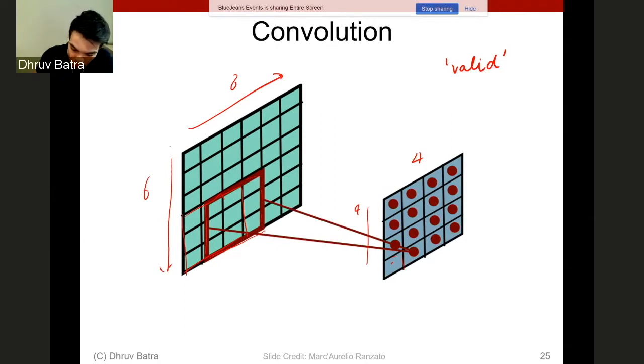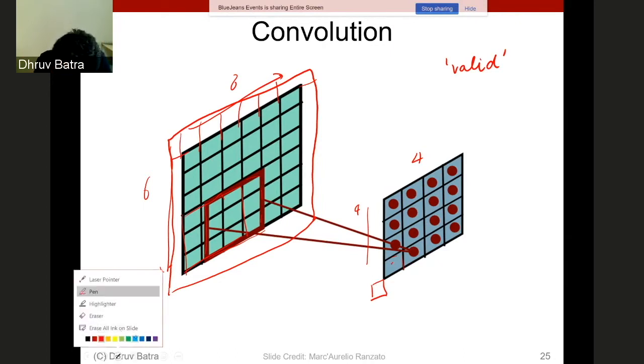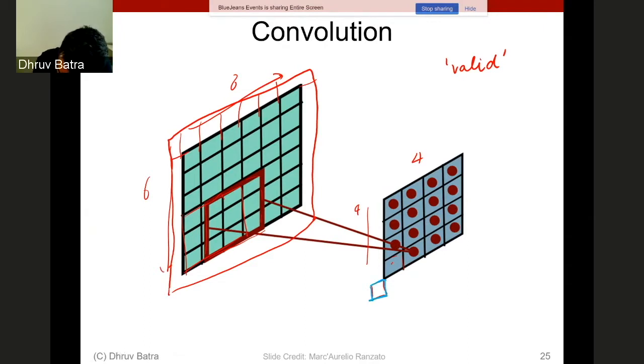Notice that if all we had done was pad 1 pixel around the boundary of this thing to have 1 pixel padding all around, notice then we could actually have gotten an output pixel here. If we want this pixel right here, then it would require a placement of your filter here.